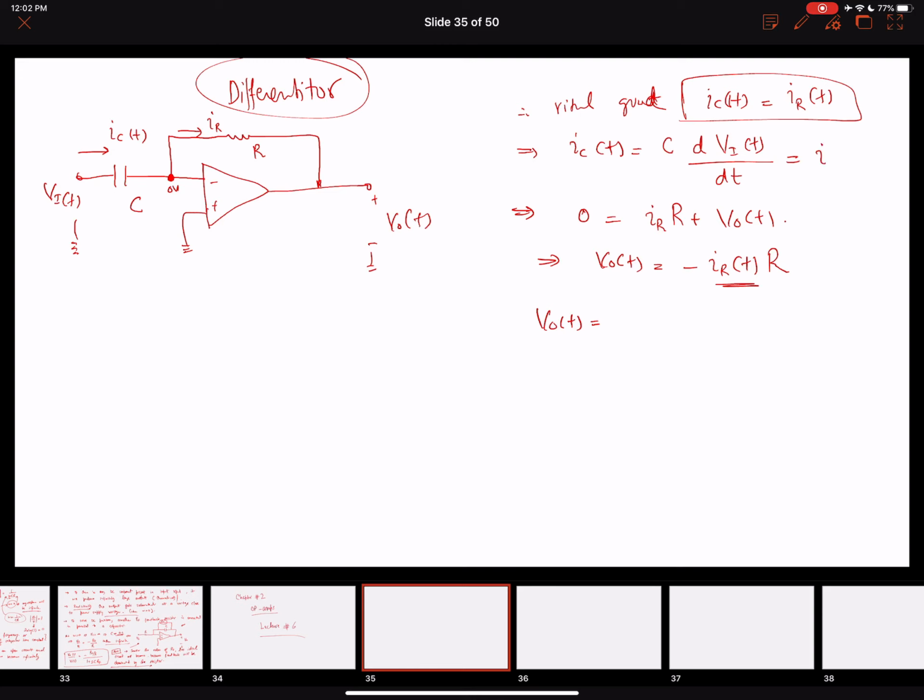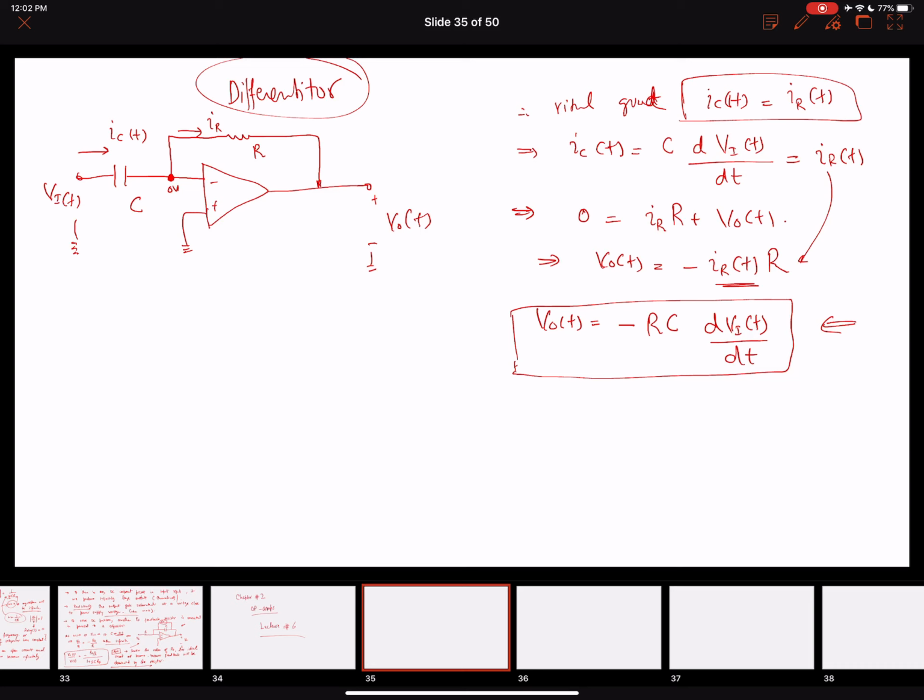So V naught of t equals minus RC times dVi of t over dt. You can see from this equation that the output is the time differentiation of the input signal Vi of t. This is how we can use the inverting configuration to develop a differentiator circuit.